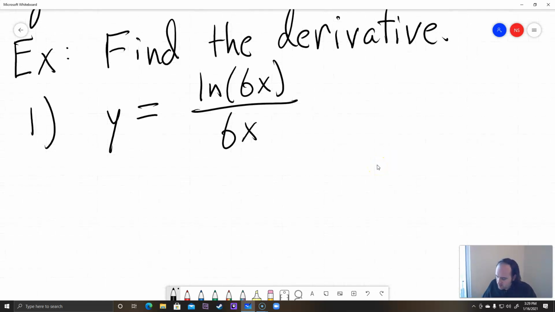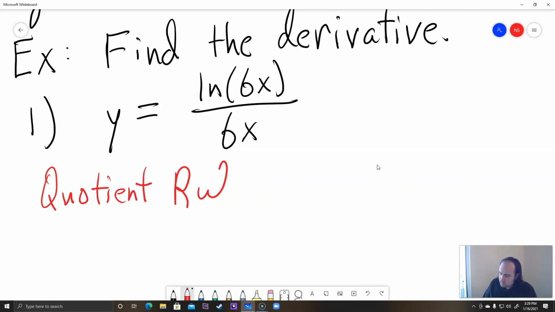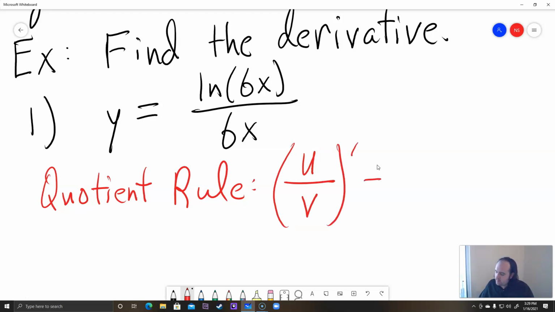Okay, so how does the quotient rule go? Well, it applies when you have a fraction and you're taking the derivative. So if you have u over v quantity prime, this is equal to, let me make sure I remember it right, vu prime minus uv prime all over v squared.